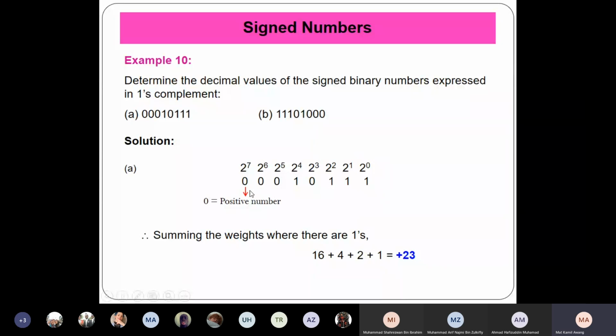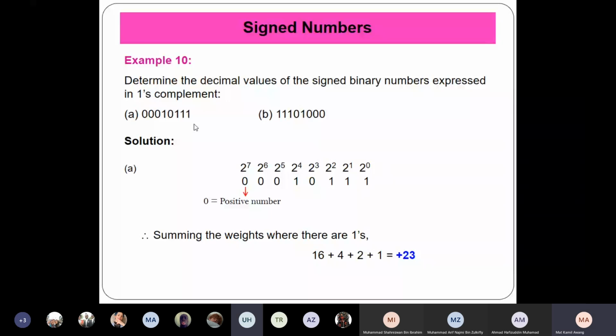So this is positive, this is the number. So therefore, you sum all this. 1 times 2 to the power of 0 is 1. 1 times 2 to the power of 1 is 2. 1 times 2 to the power of 2 is 4. And 1 times 2 to the power of 4 is 16. So this number is 23. Right? Okay.